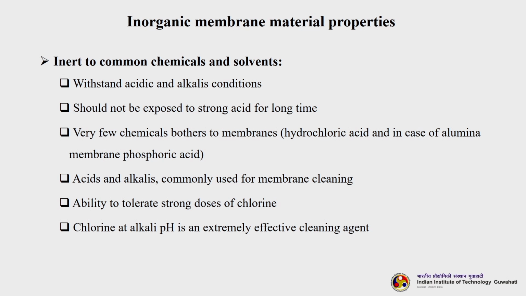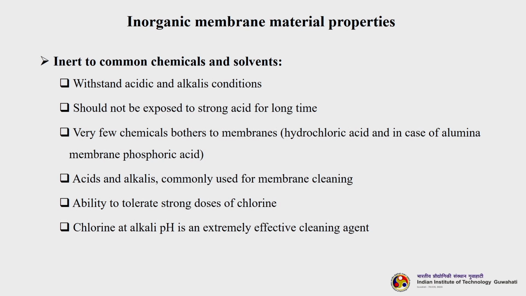So, hydrochloric acid, and in case of aluminum membrane, phosphoric acid, is simply a no for these two types of membranes. Acids and alkali are usually used for membrane cleaning, however, they are used in a dilute form. No concentrated acids or alkali are ever used to clean the membranes. So, there is no question of any resistance when you are dealing with a dilute acid or dilute base.